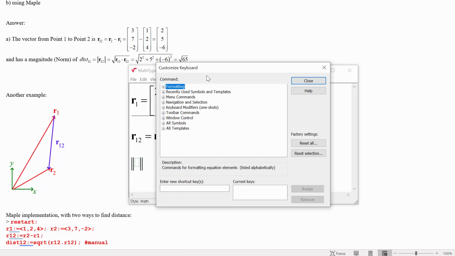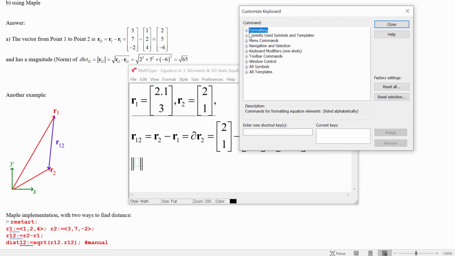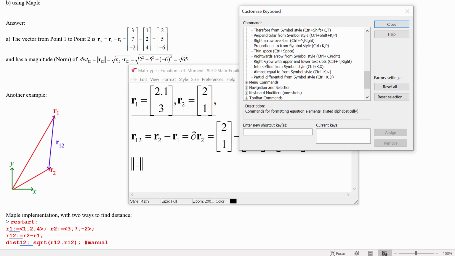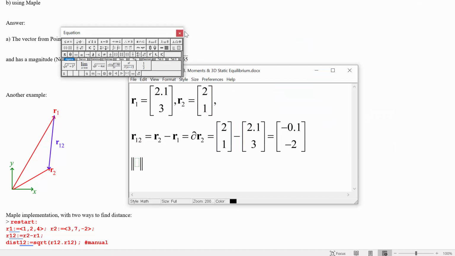Yeah, there we go. I must have hit the wrong thing. Customize Keyboard, and then Recently Used Symbols and Templates. Way easier to find it there. And then you find the thing that you just used, partial derivative, which I've got assigned to Control KD. I think I might have assigned that. I'm not sure if it actually is that by default. Anyway, enter the new shortcut key that you want.